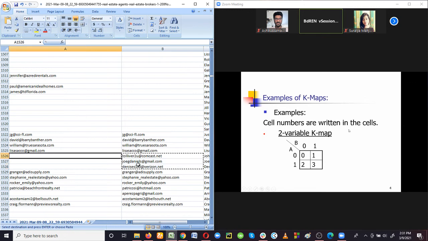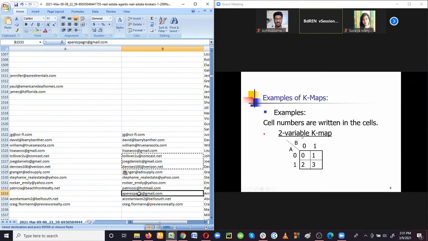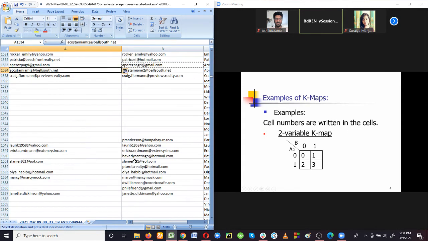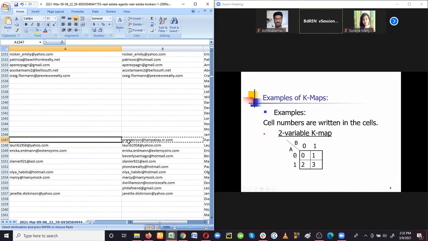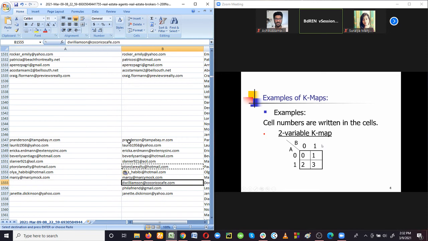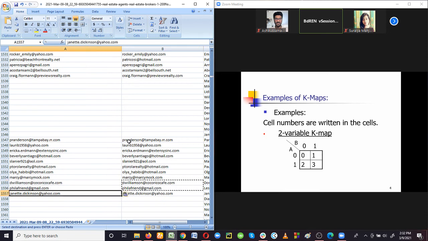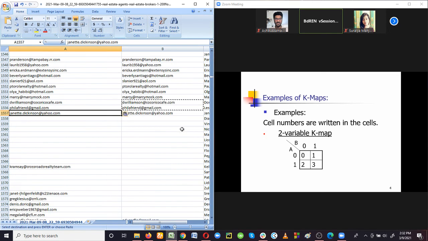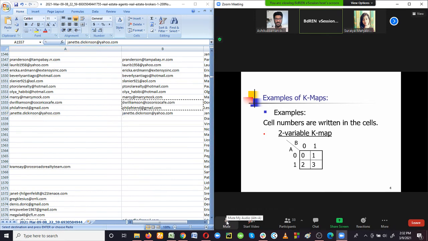Cell numbers are written in the cells. So this is a two-variable map. This is A and this is B. A is denoted by the row and B is denoted by the column. What is the value of n here? How many variables are there? Two.